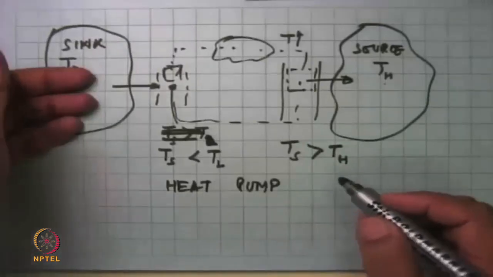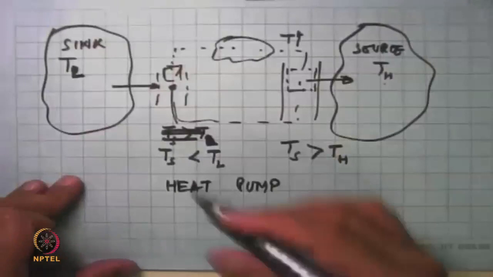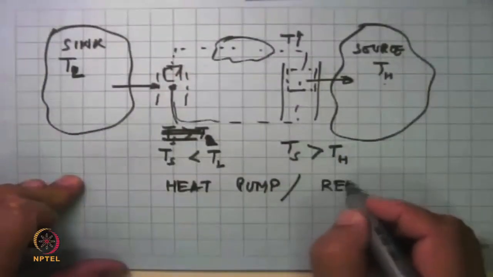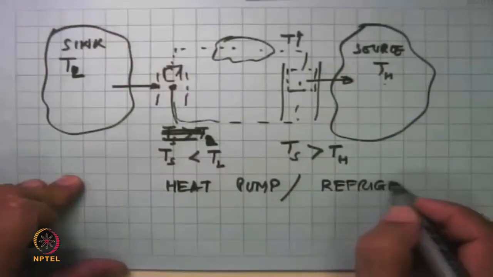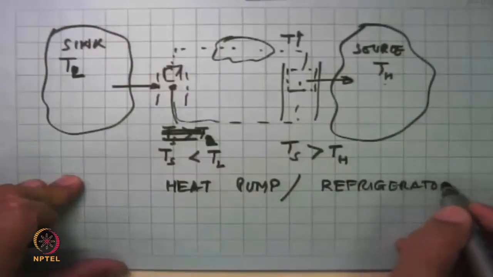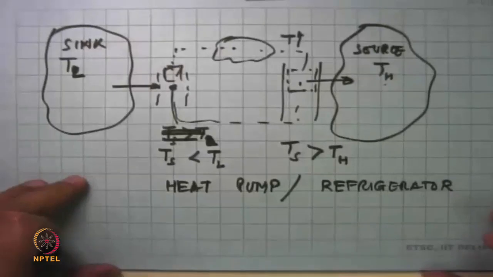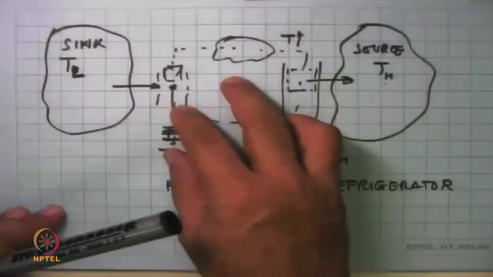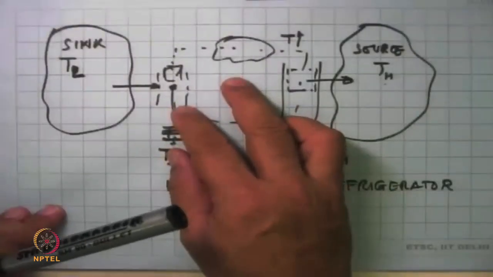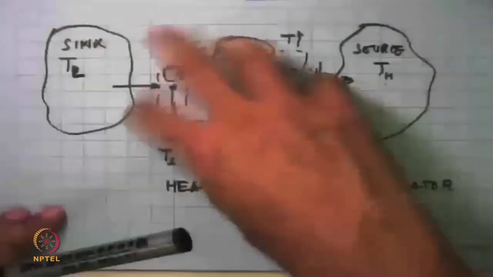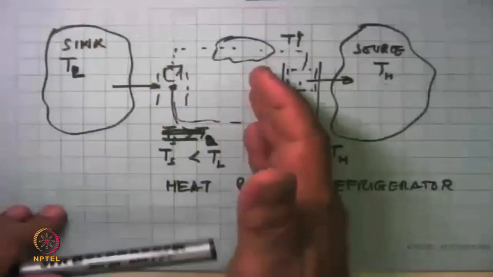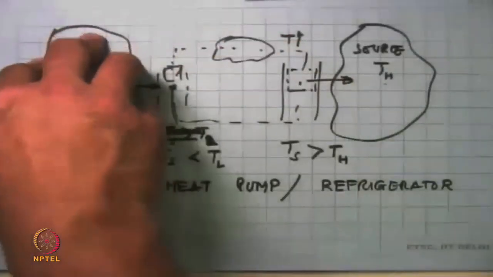Its job is to take energy from a low temperature to a high temperature, and it is exactly the reverse of a refrigerator. So one can argue that in winter, if I consume a certain amount of electricity to keep my room warm, then if I use the air conditioner in reverse, with the same amount of electricity, I can make the room even warmer.